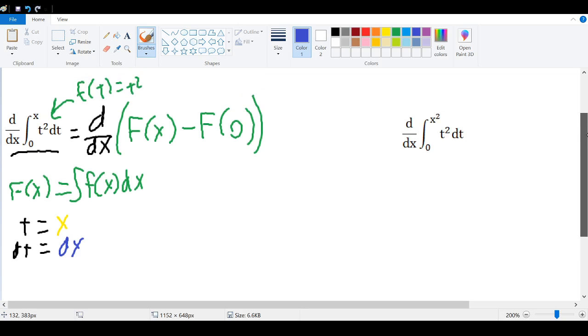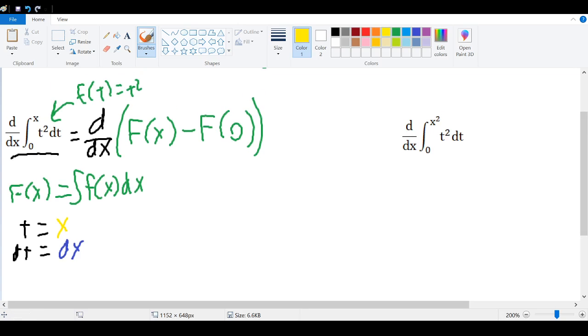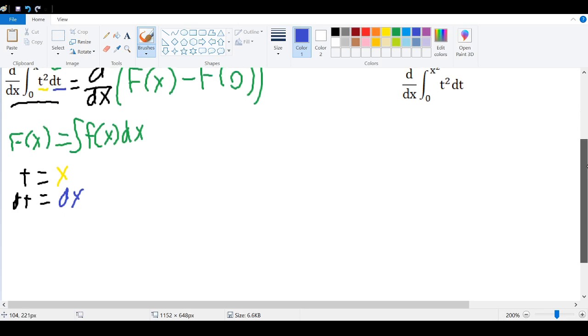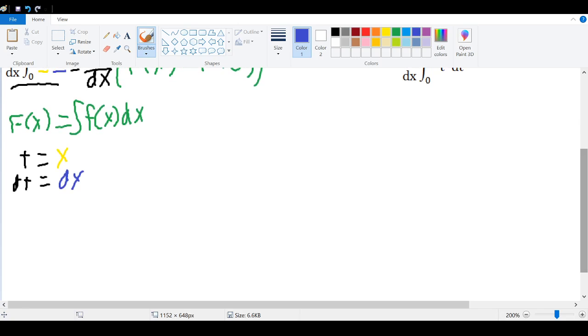And so now let's substitute those back in. T is equal to x, so that would go into there, and then dt is equal to dx, so we would substitute that one in for dt. Alright, and now when we do this, this is equal to the integral of x squared dx.